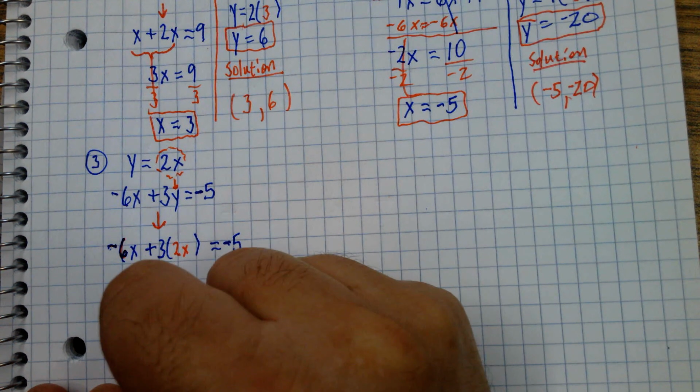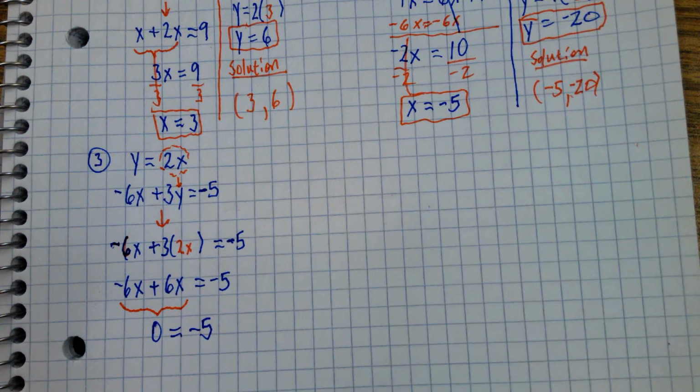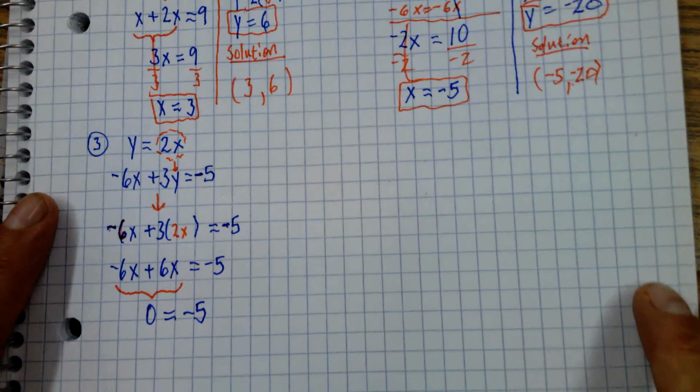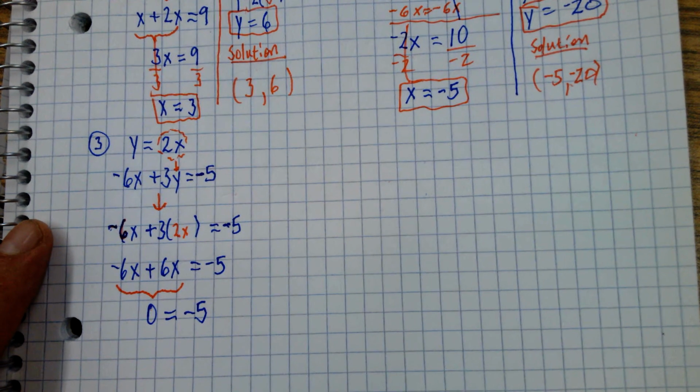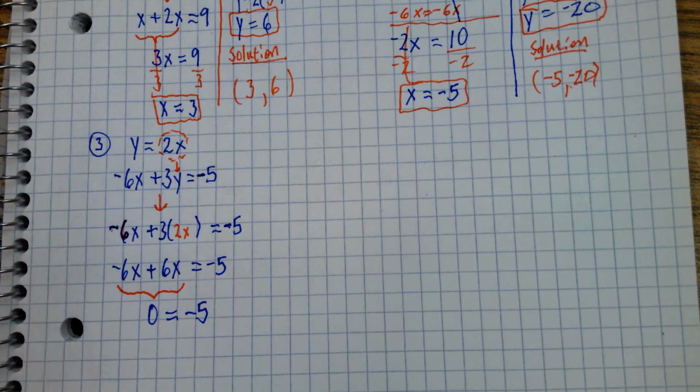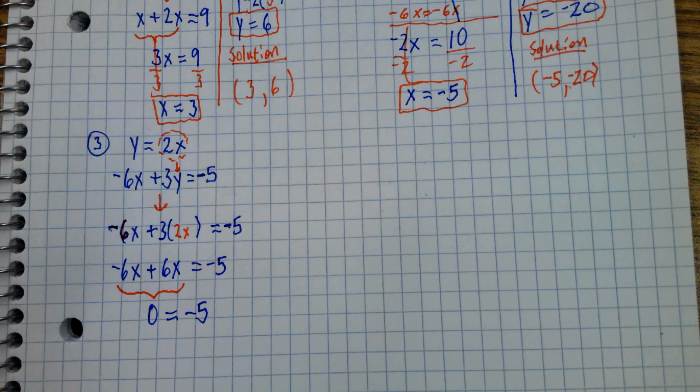And something very different happened. I end up with all the x's eliminated, and I end up with a statement: 0 equals negative 5. What does that mean? We've come across this before. Is it true or false that 0 equals negative 5? False.